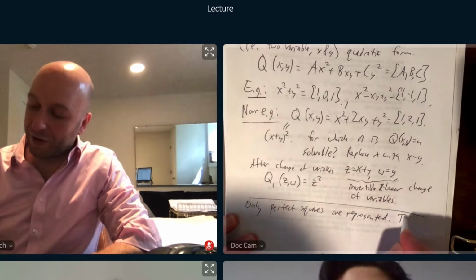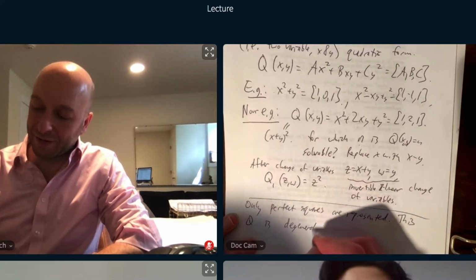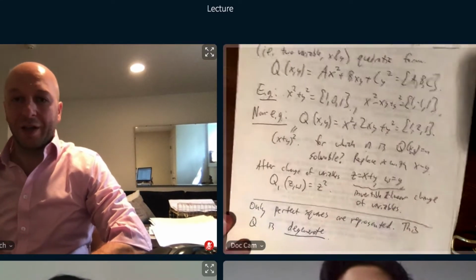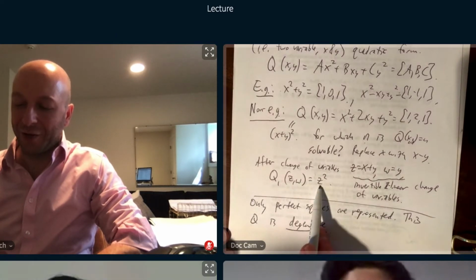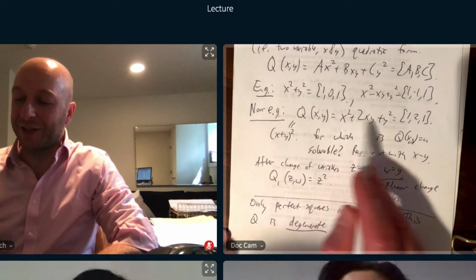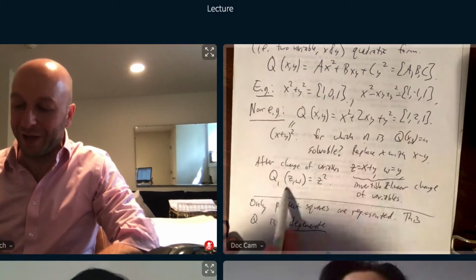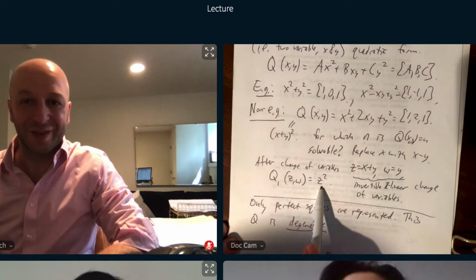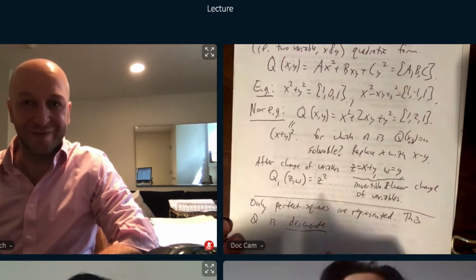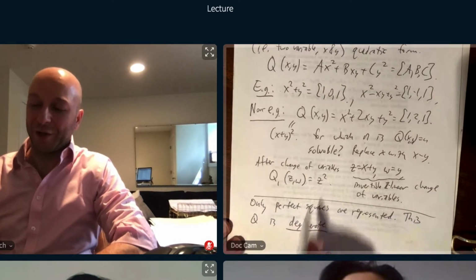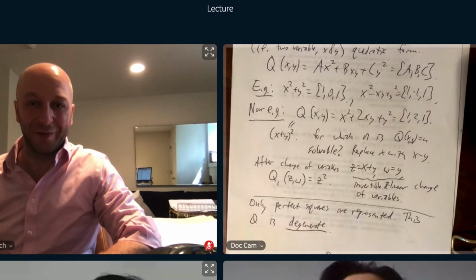This Q is called degenerate. Why is it degenerate? It looks like a quadratic form in two variables. There's an x squared, there's an xy, there's a y squared. But it's not really a quadratic form in two variables. It's really a quadratic form in one variable with some linear change of variables. So it's degenerate because it's really only in one variable, not two. It's not binary. It's a unary quadratic form.